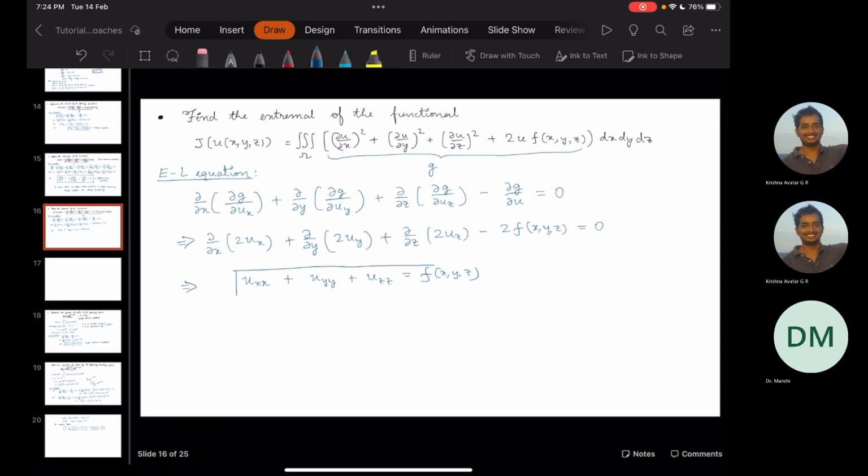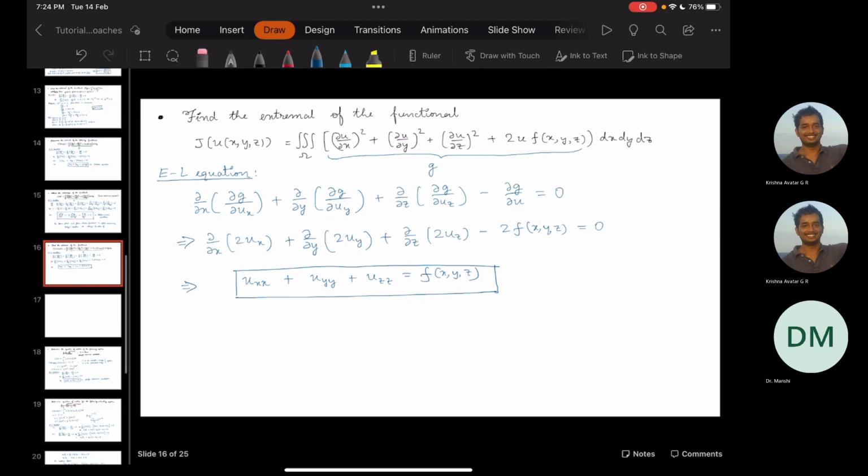Now, you may also recall the expression here. I'm sure you must have come across this. This is nothing but one example of a phenomenon it models, which is heat diffusion in a three-dimensional domain. And there is also the Poisson equation.